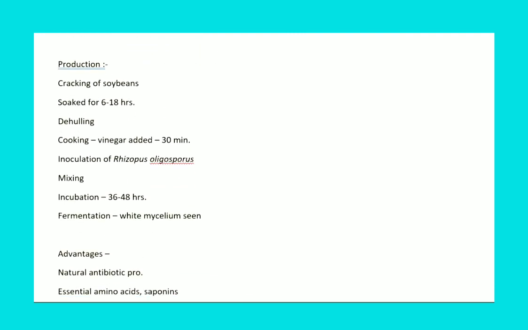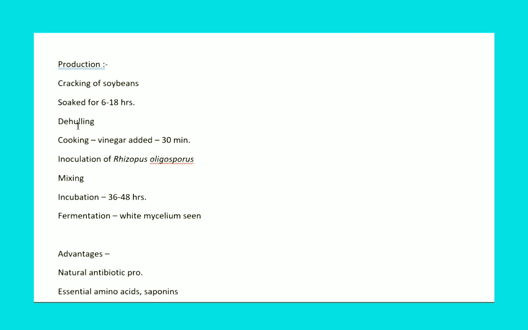Now let's have a look at the whole production or manufacturing process of tempeh. Firstly, the cracking of soybeans. While buying a grain mill, consider that you can also use dehulled soybeans to make the soy meal.